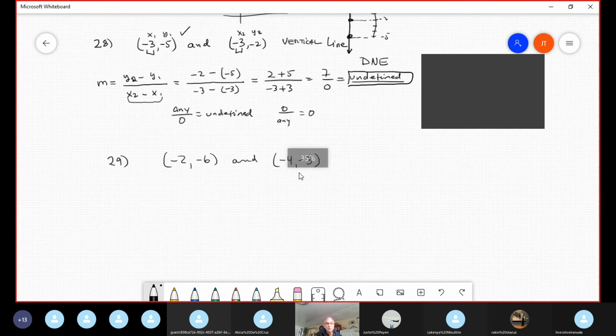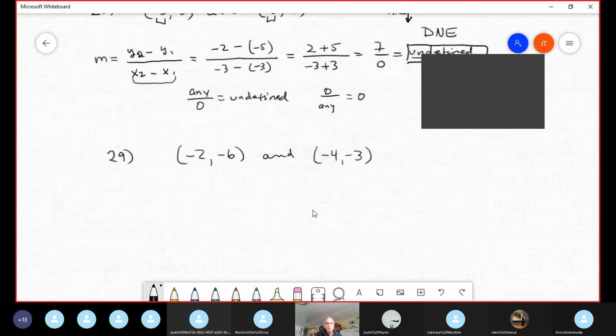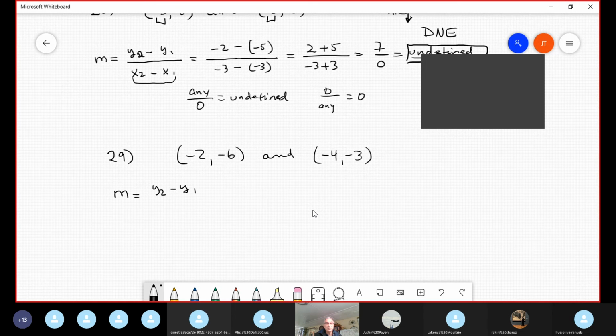Again, I use my famous formula for the slope. Slope is equal to y2 minus y1 over x2 minus x1. This is x1, y1, and this is x2, y2. Y2 in our problem is -3 minus, don't forget that this is subtraction, y1, which is -6.